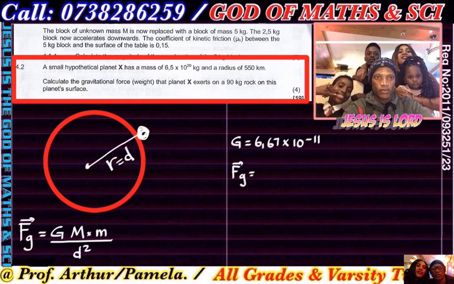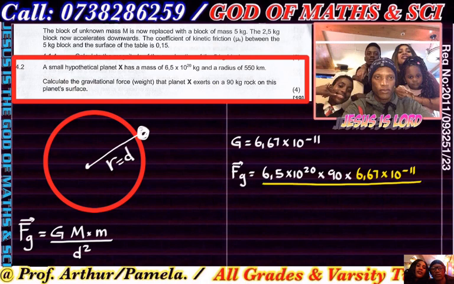It's going to be the mass of the planet, which was that one there, which is going to be 6.5 multiplied by 10 to the exponent of 20 multiplied by the mass of the guy, which is 90 kilogram, times, I'm putting the constant at the end, which is 6.67 multiplied by 10 to the negative 11, and we divide by the distance from the center.